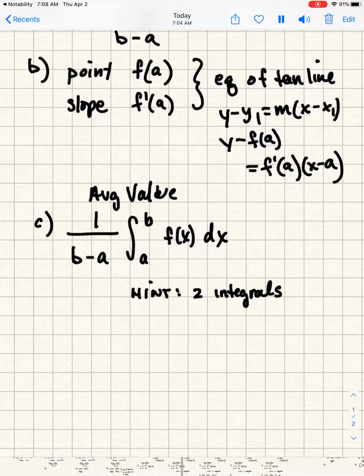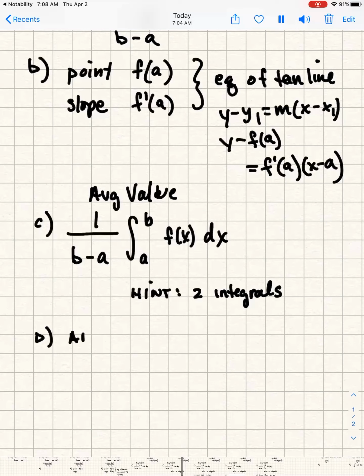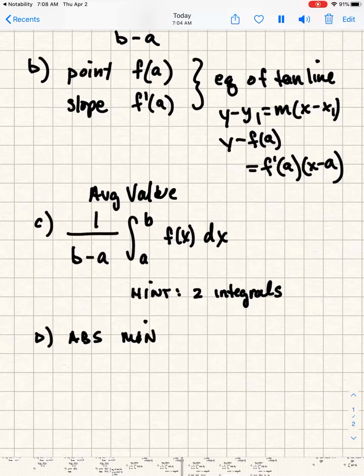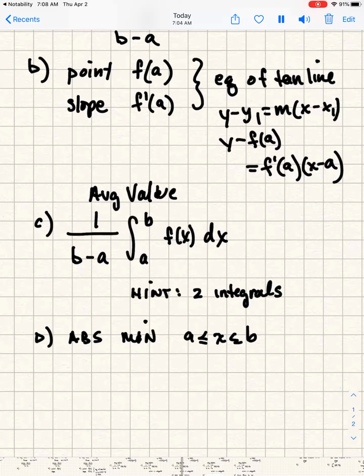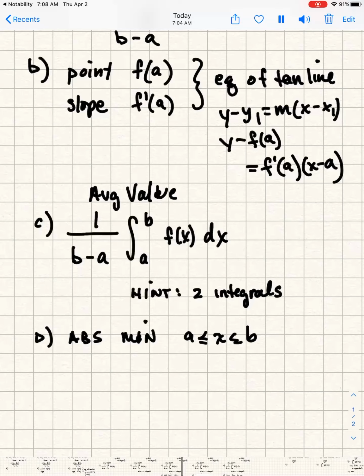You're looking for absolute min on the interval, right? So from A to B, we'll say. And make sure on this one, couple things have to happen first. Here, must there be a value at x that obtains the absolute min?